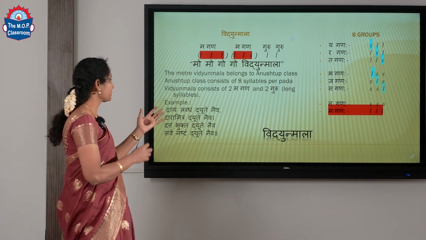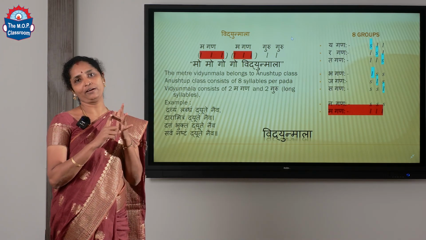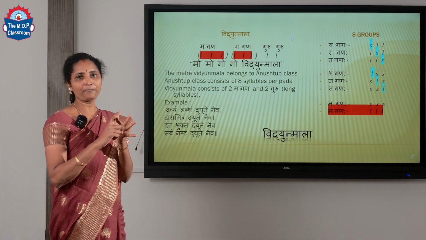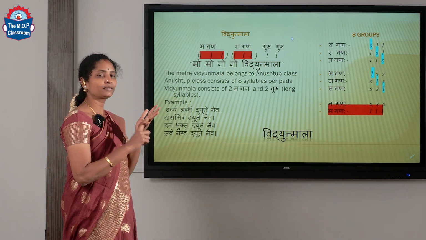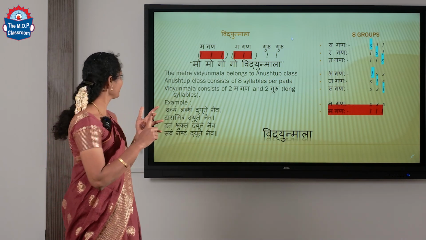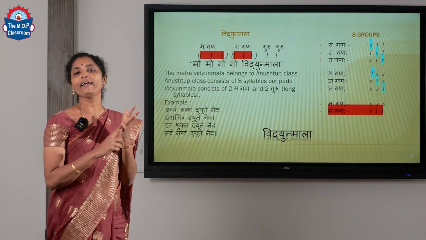So if you see this, Dravyam labdham dyute naiva, Dara mitram dyute naiva, Dattam bhuktam dyute naiva, Sarvam nashtam dyute naiva.